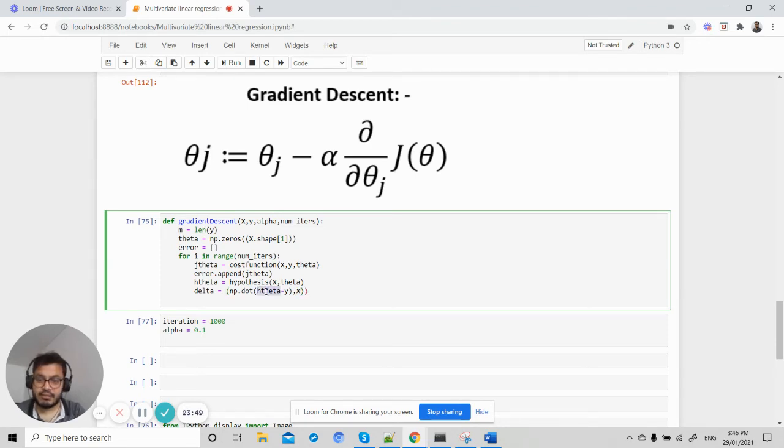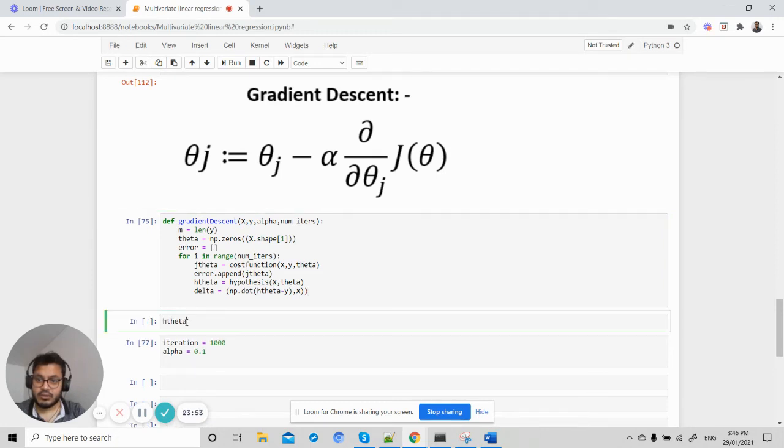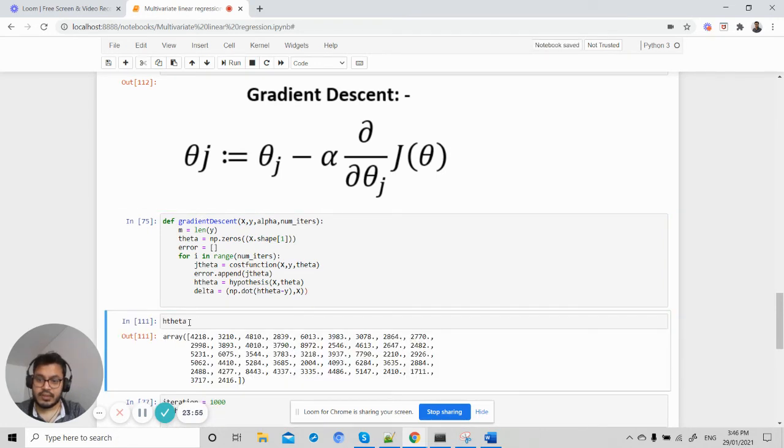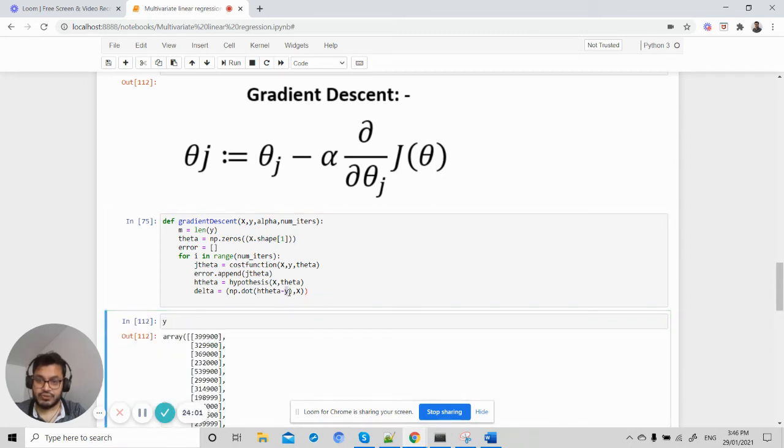Okay, so let's check whether it's in the correct shape or not. So this is horizontal, it's a row, and this is a column. So we need to transpose this so that both are in the same shape, and then we need to do a dot product with respect to x.